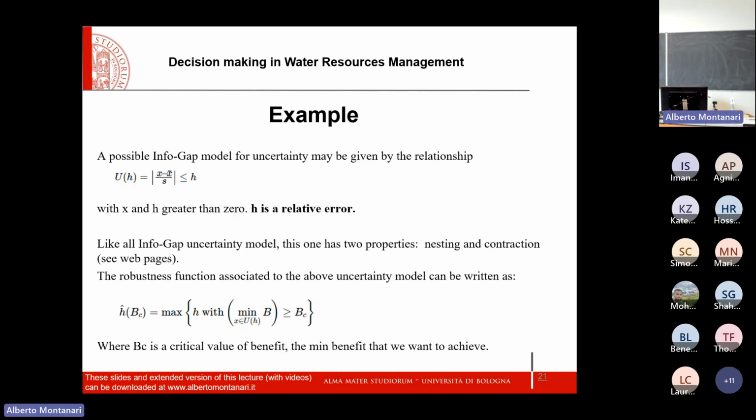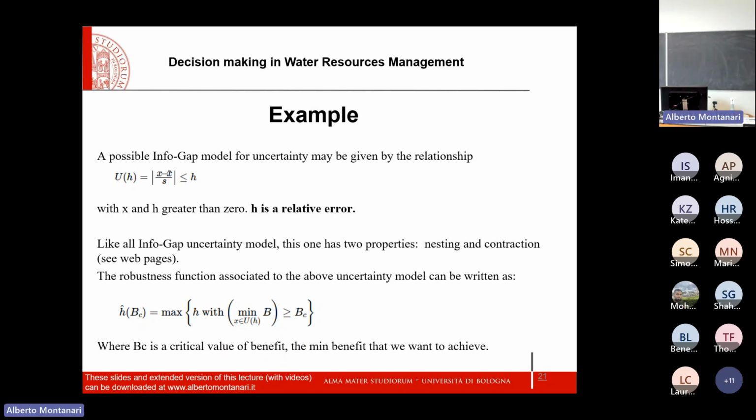So again, the robustness function, which I define with H hat, depends on the critical benefit, is the max relative error, is the max uncertainty that still gives to me a benefit that is larger than the critical one.